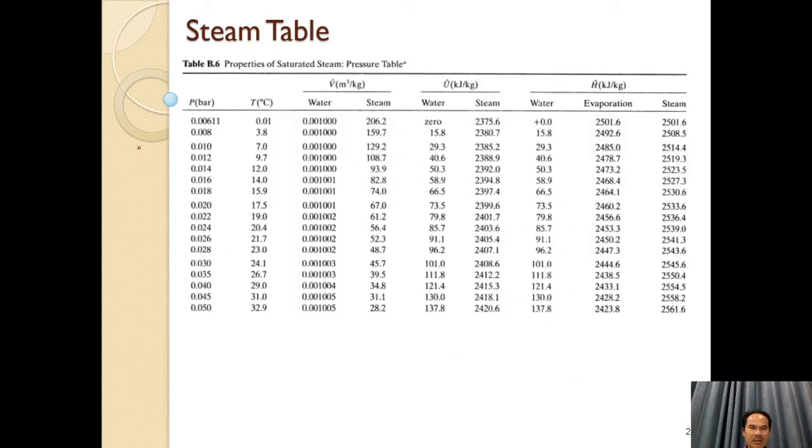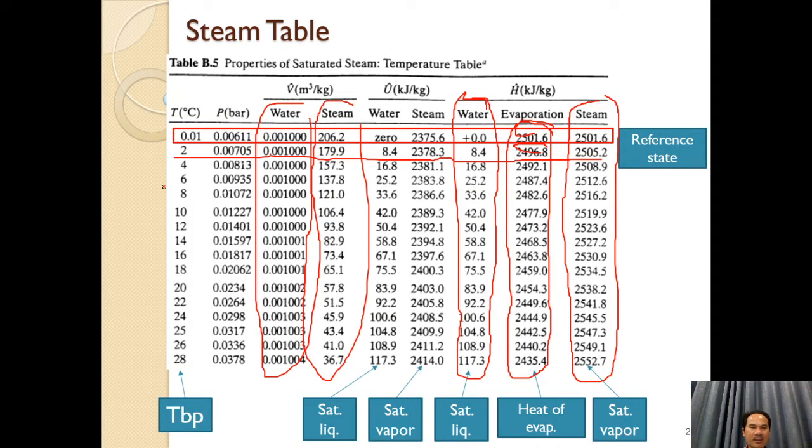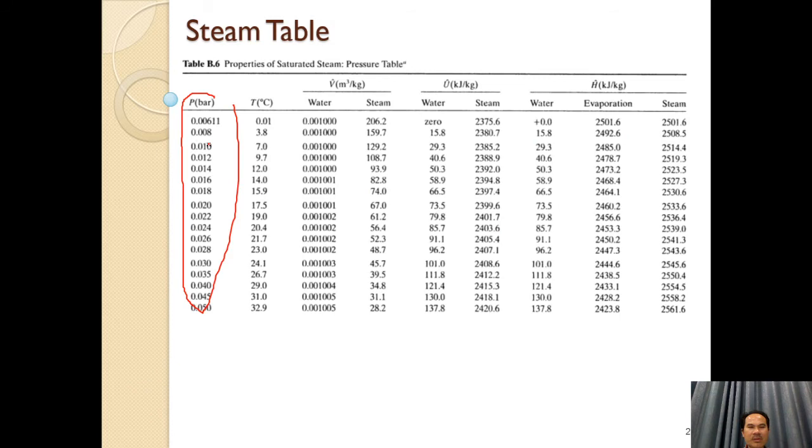This is also the property of the steam table, but we start with pressure. It's the same table, but the other one starts with temperature. In this case, you know the pressure, the temperature, specific volume, specific internal energy, and enthalpy. It's the same, but the first column is pressure and the second column is temperature. It's the opposite.